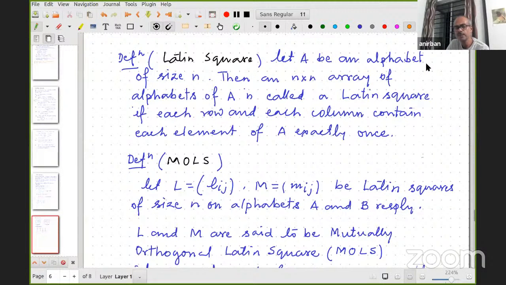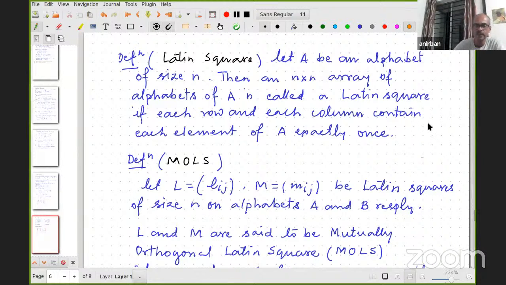It could be numbers, or the English alphabet, or any symbol would do. Then an n cross n array of alphabets of A is called a Latin square if each row and each column contains each element of A exactly once. That's what we have seen earlier.